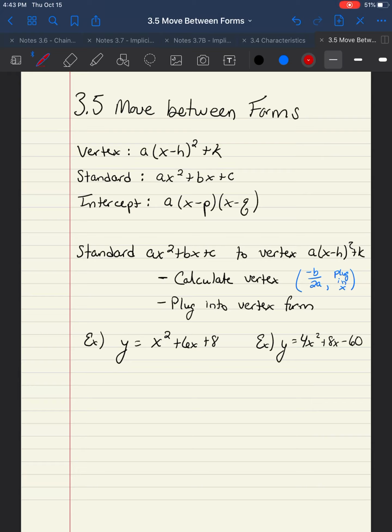So, if I look at this first problem, y equals x squared plus 6x plus 8, and I want to convert it into vertex form. I'm first going to calculate the vertex of my equation. Label all my pieces.